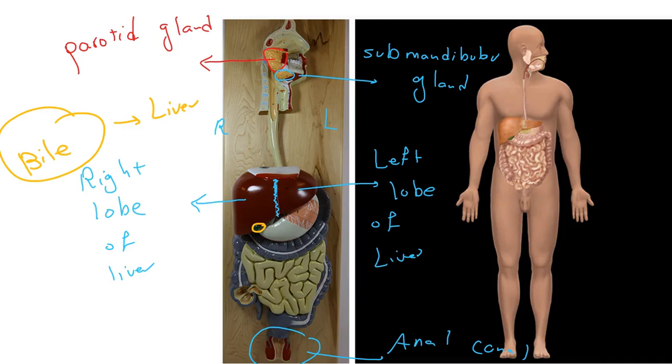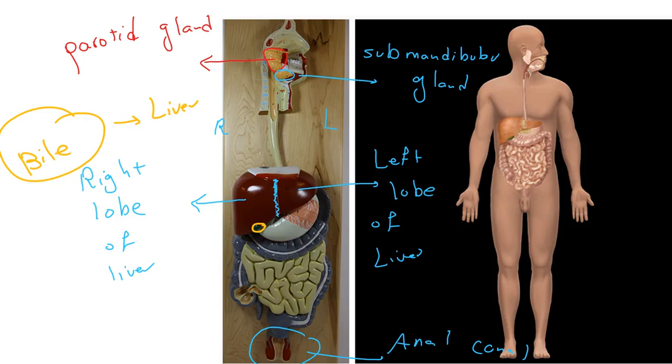Okay, so make sure you are able to label the oral cavity, pharynx, esophagus, stomach, small intestine, and there's two other parts of the small intestines which we can see from the anterior view easily, the jejunum and ileum.